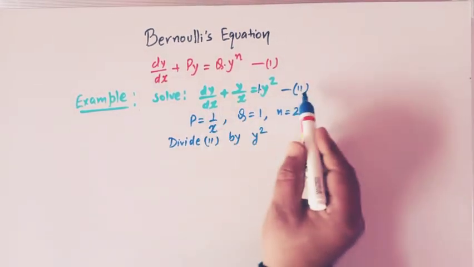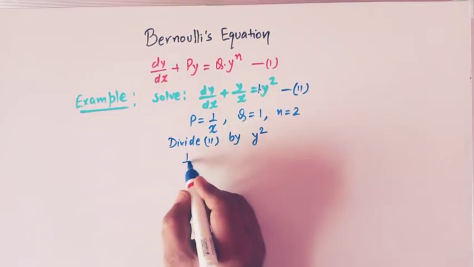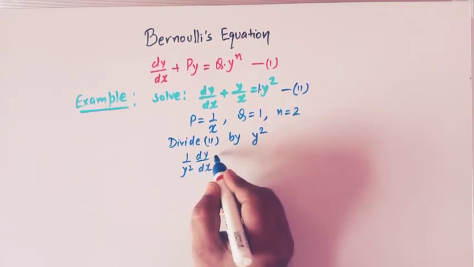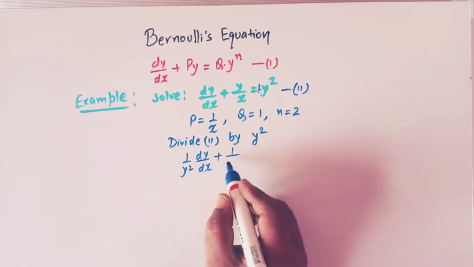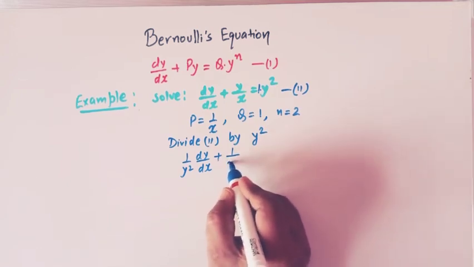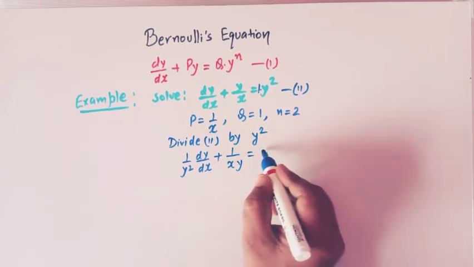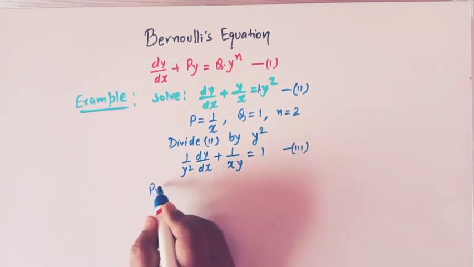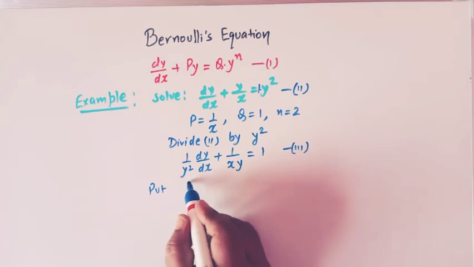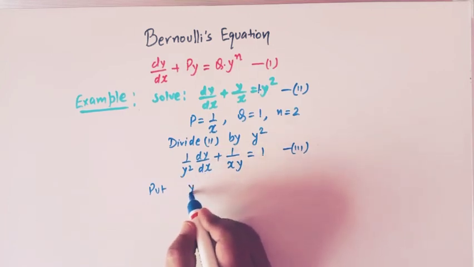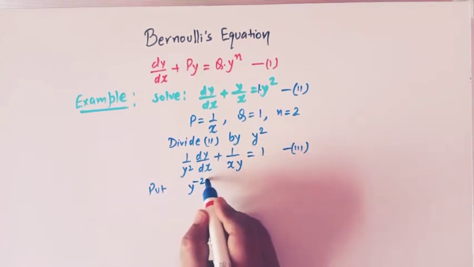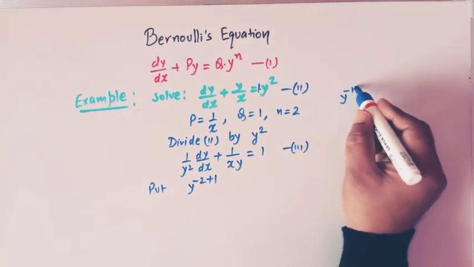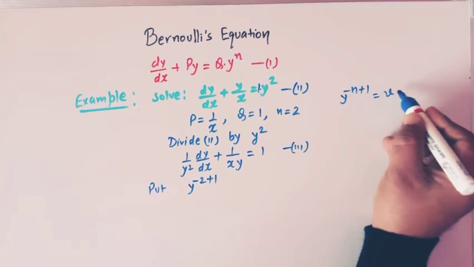So if we divide both sides by y squared, we get 1 over y squared dy over dx plus 1 over xy is equal to 1, right? Now we put minus n plus 1 is equal to v.